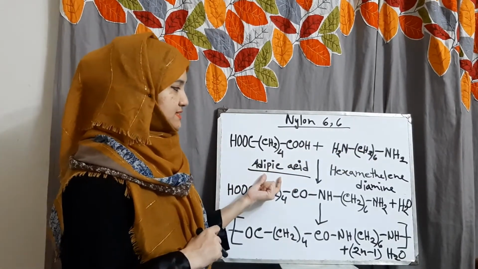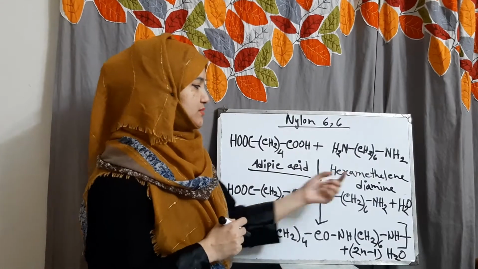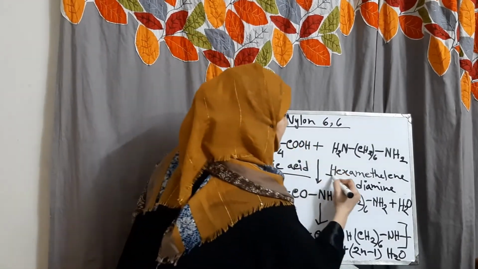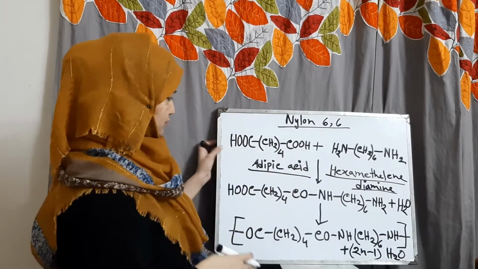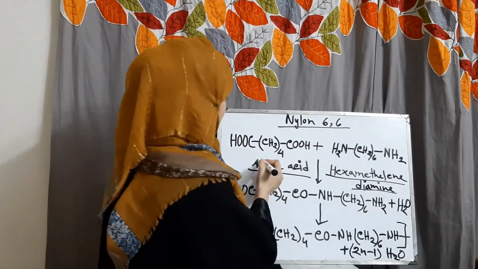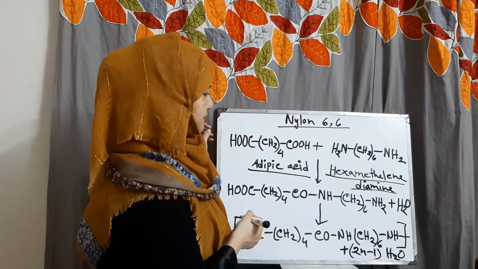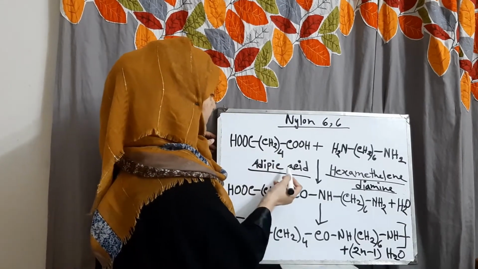One is adipic acid and another is hexamethylene diamine. Names are very important and new for you. So, students, observe carefully. Okay, adipic acid.